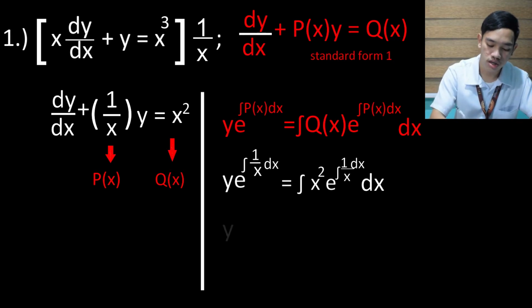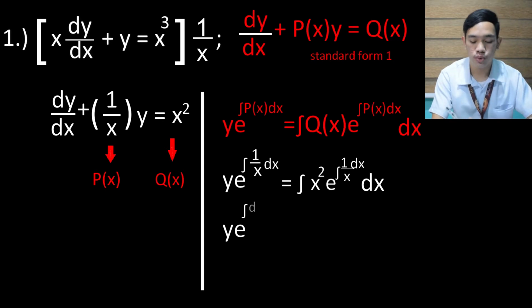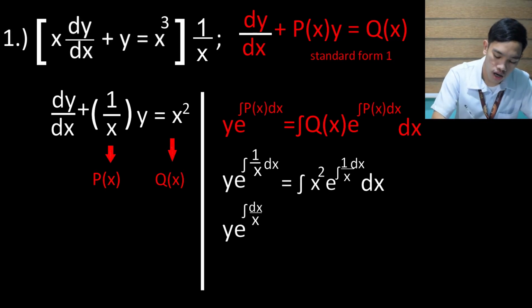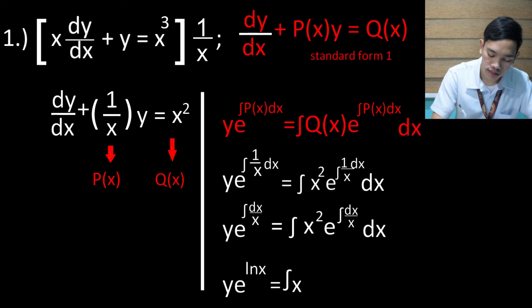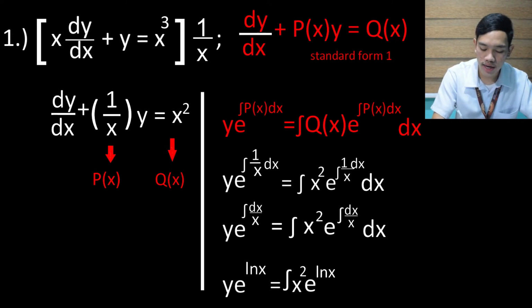To evaluate this, y times e raised to integral of dx over x equals integral of x squared times e raised to integral of dx over x dx. Ngayon, magiging y times e raised to ln of x equals integral of x squared e raised to ln of x dx.